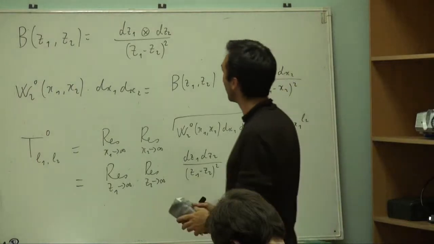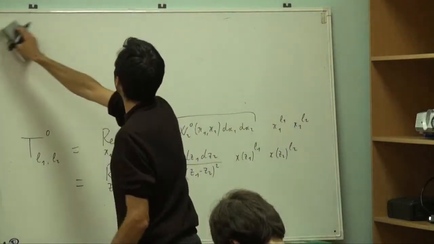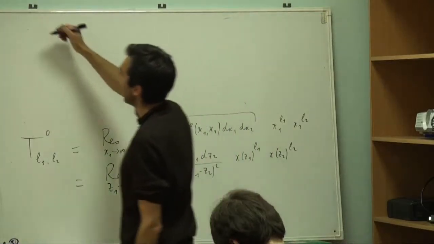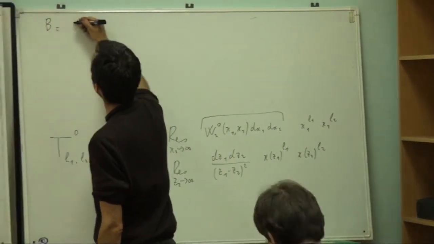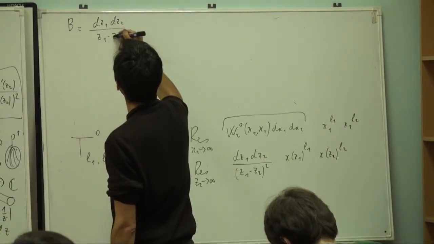Let me take the example of quadrangulations. Or let me just remember, B equals dz1 dz2 over (z1 minus z2) to the square.